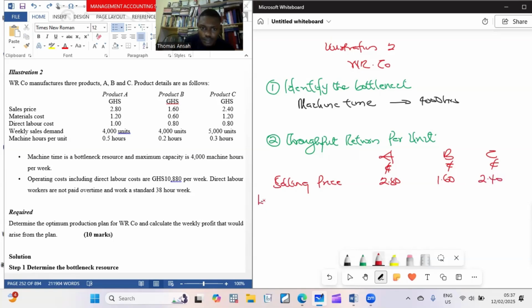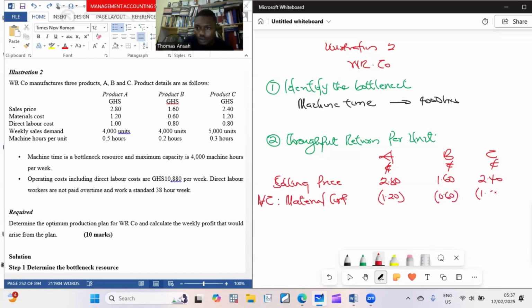We less variable cost, and we said that in throughput, only material is variable. So we less 1.20, 0.60, 1.20.